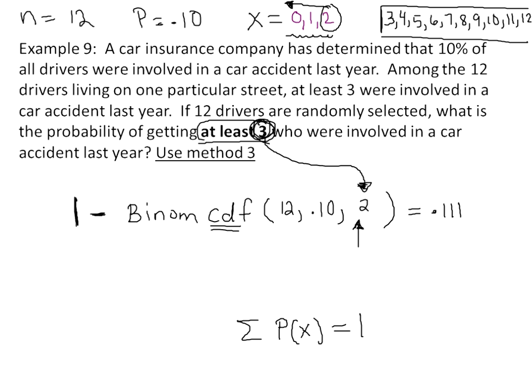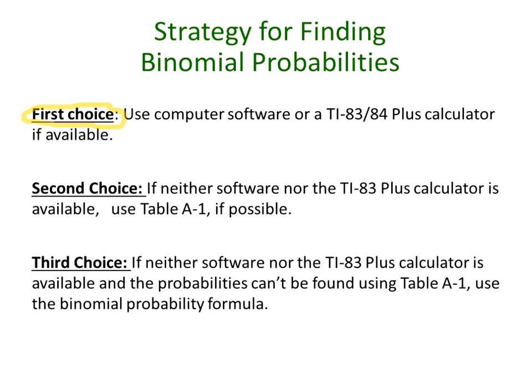So I gave you a scenario for when you're finding binomial probabilities when x is equal to 1 value, then when x is equal to more than 1 value that are located to the left, and then when they're located to the right. I want to emphasize that when you're solving binomial probabilities, your first choice should be to use the calculator.